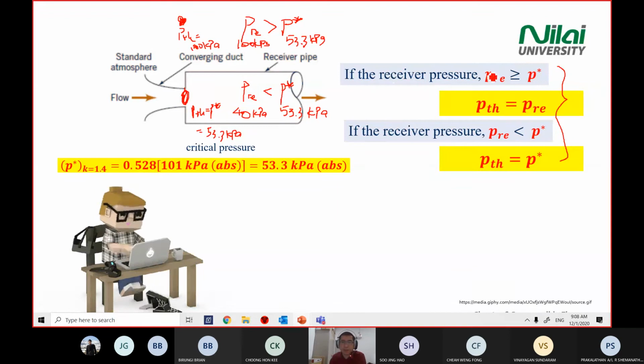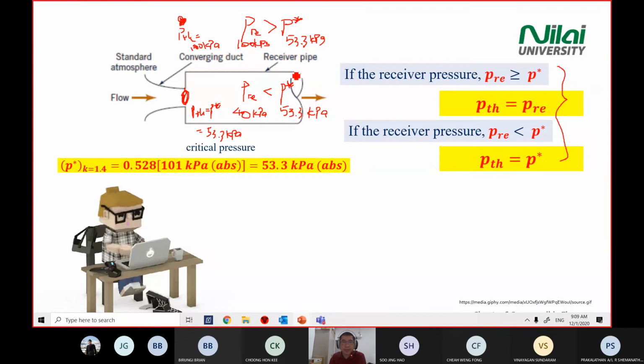So this is an important, basic understanding. That is why we need to find a critical value. What is the critical value for pressure, density, or temperature? Most of the time we look at pressure. If you're given the internal pressure, then you compare with the critical pressure, and it will tell you what happens to the throat.